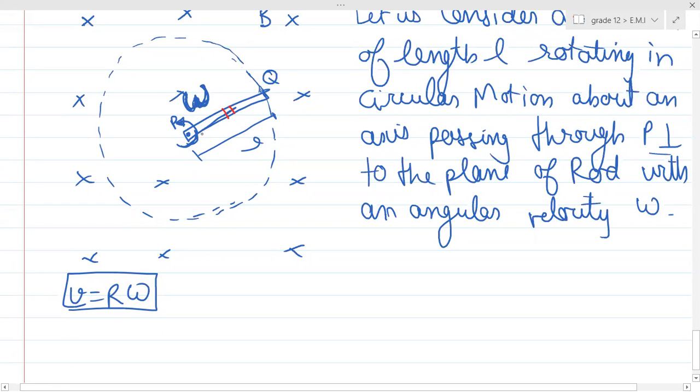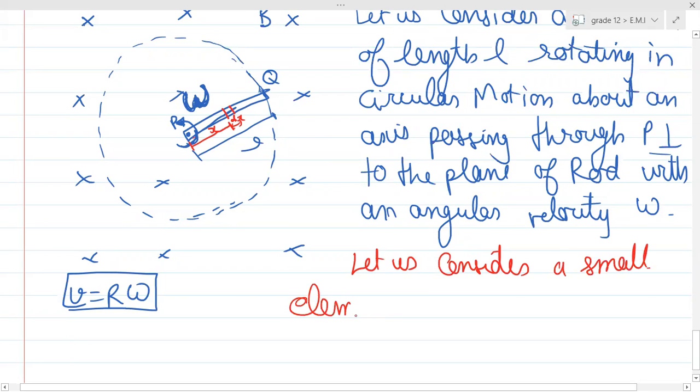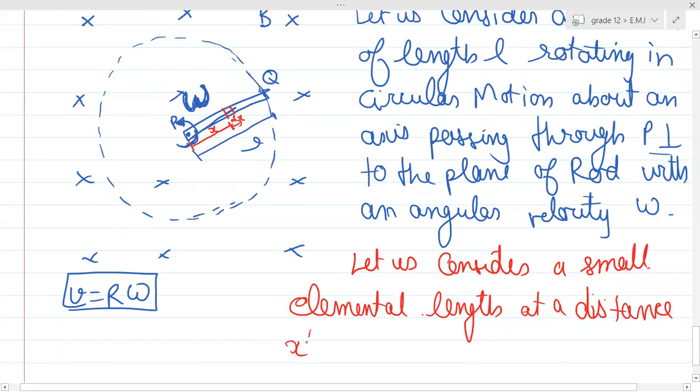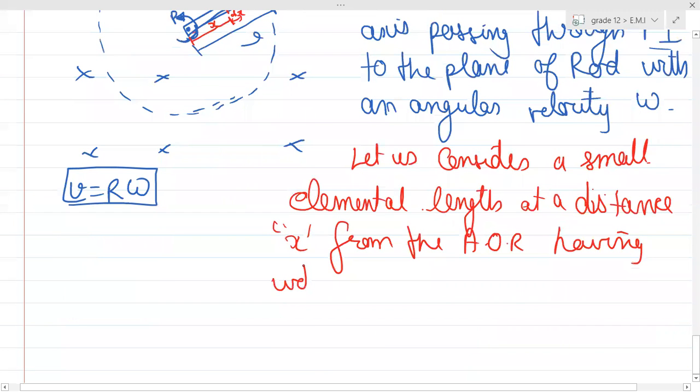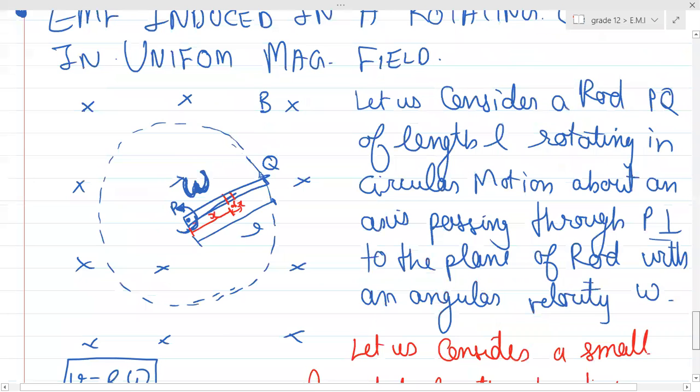We'll consider a small length element. Let us consider a small elemental length at a distance x from the axis of rotation, having width dx, and can anyone tell me what is the velocity with which this small element will be moving?